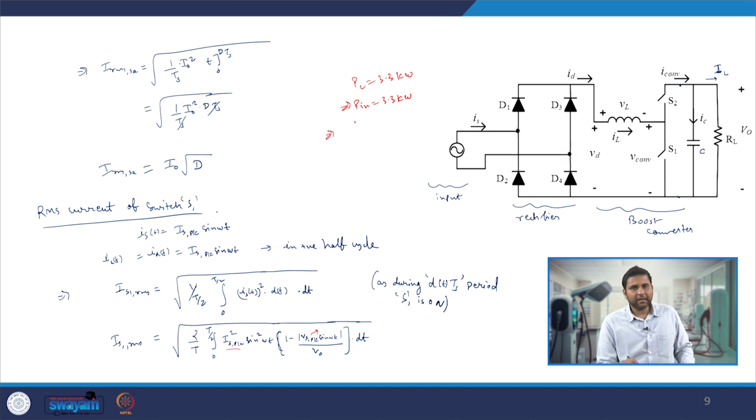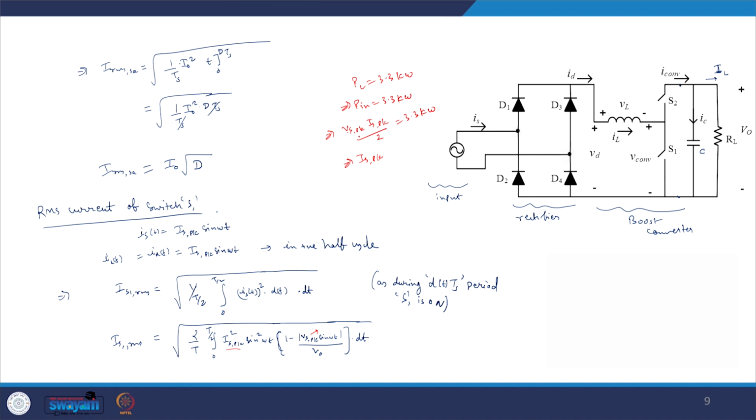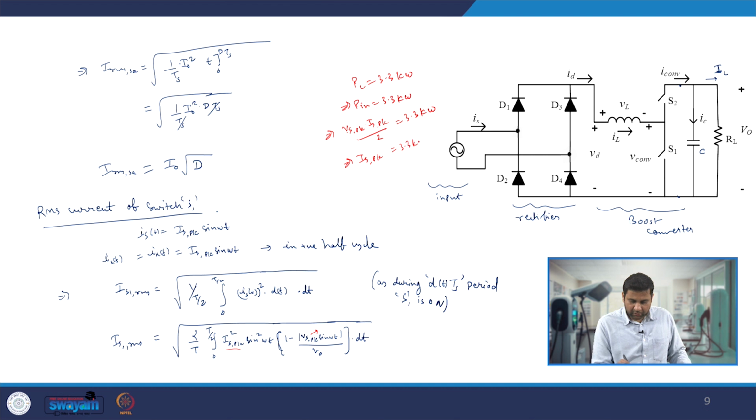That implies P in is nothing but Vs peak times Is peak by 2, equal to 3.3 kilowatt, and that will give you Is peak. Since we mostly know my AC peak input voltage, I can easily calculate my Is peak using this formula.